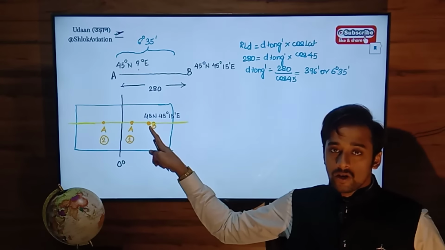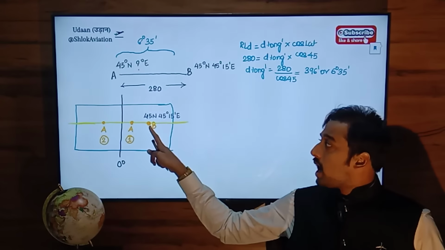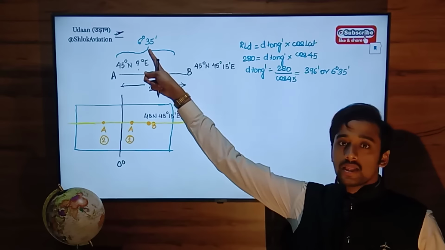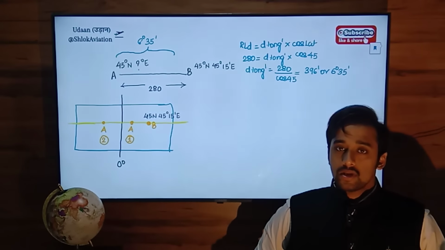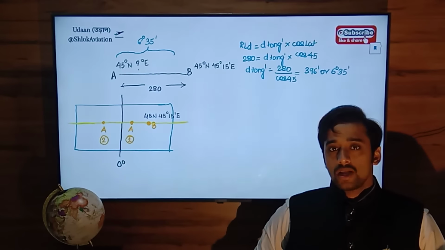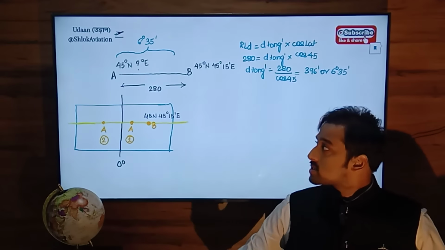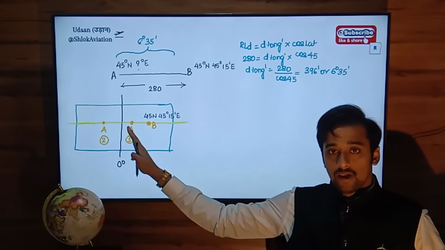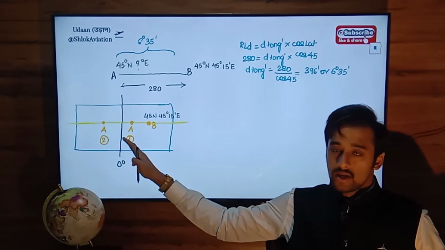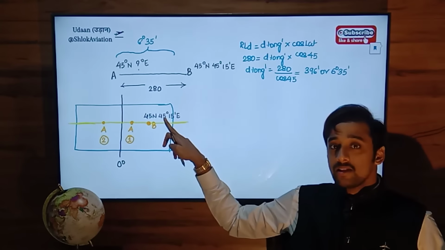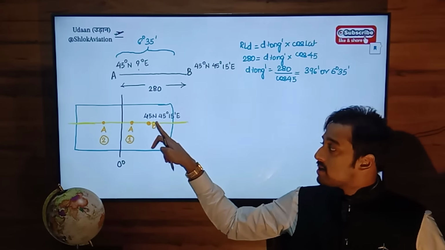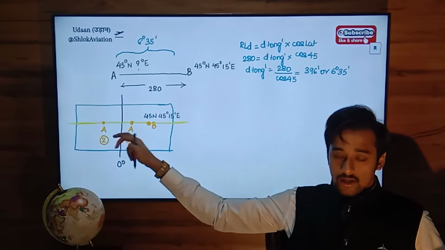Our d long is only 6 degrees 35 minutes, much less than 45 degrees 15 minutes. That means our point A is only 6 degrees 35 minutes to the west of B in the eastern hemisphere. Had this d long been more than 45 degrees 15 minutes, A would have entered the western hemisphere.